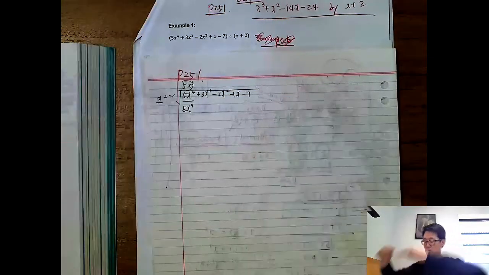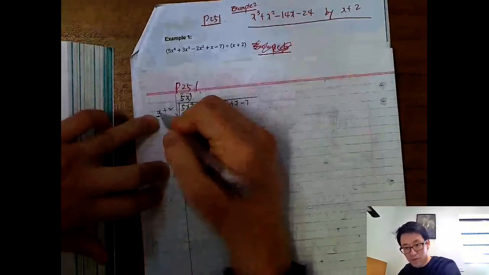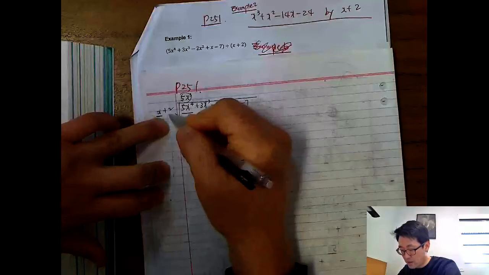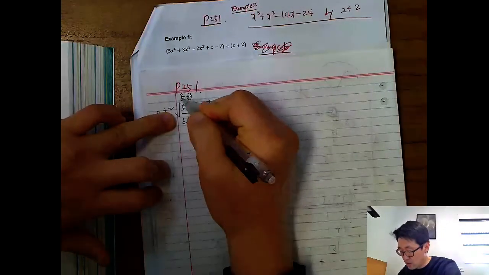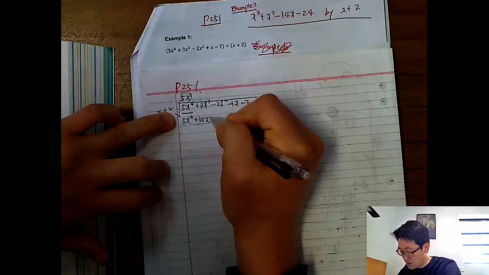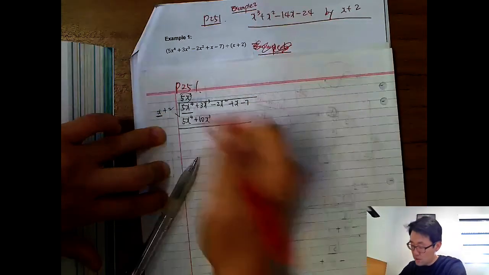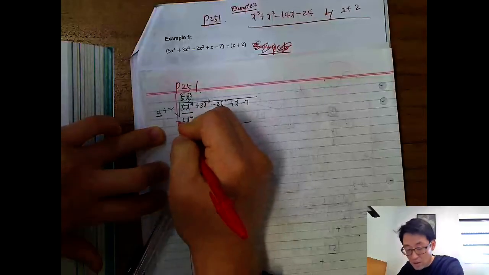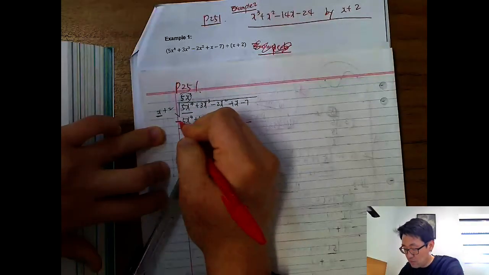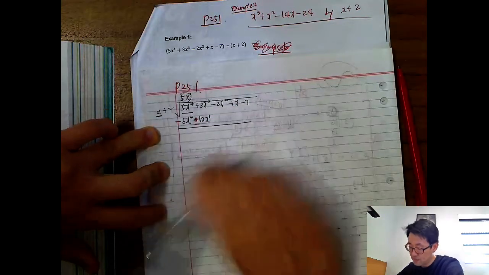You happy with that? Yeah? So I did the first one, go and find it, and then 2 times that, 5, 2, 10x cubed. And as I said, I need to do minus. So positive becomes minus, that becomes minus.